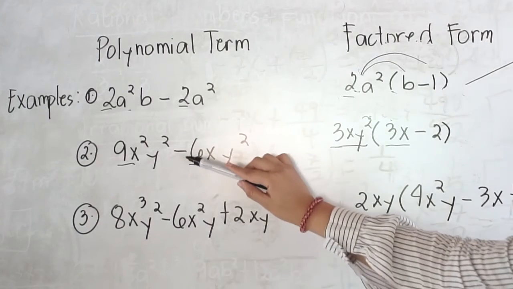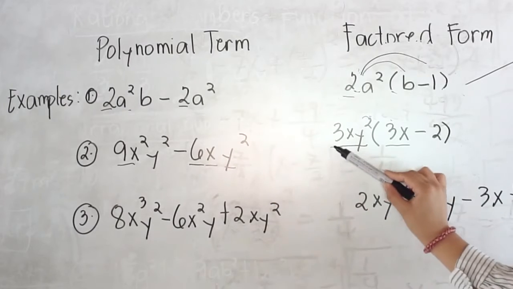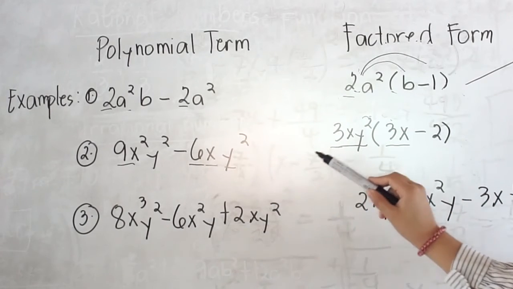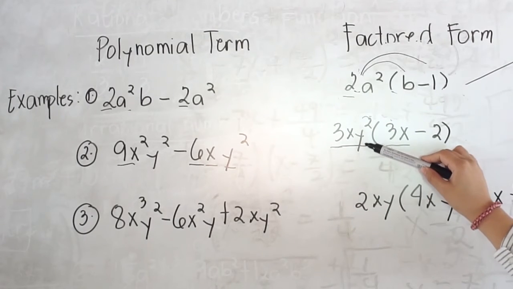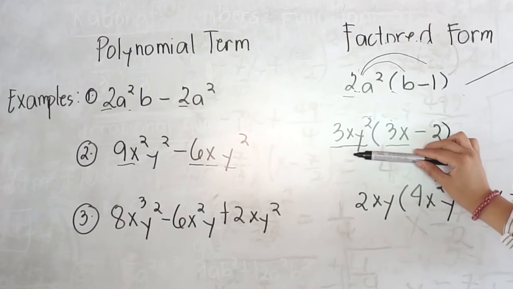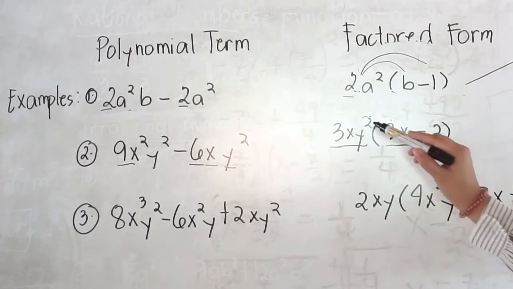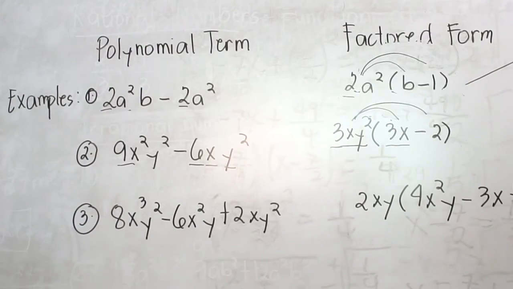And then copy the negative sign. 6 divided by 3 is 2, x divided by x is gone, and y squared divided by y squared is gone. So this is now our factored form, which is 3x y squared times the quantity 3x minus 2. To check if our answer is correct, we again use the distributive form.